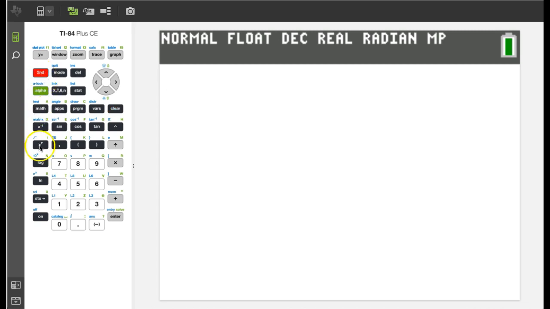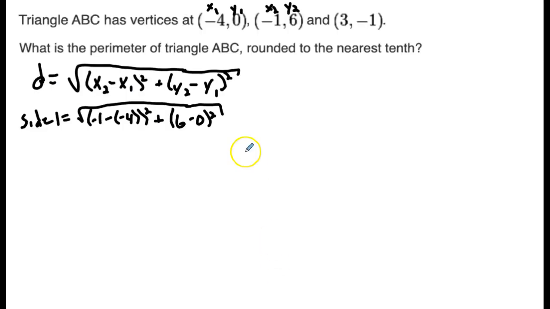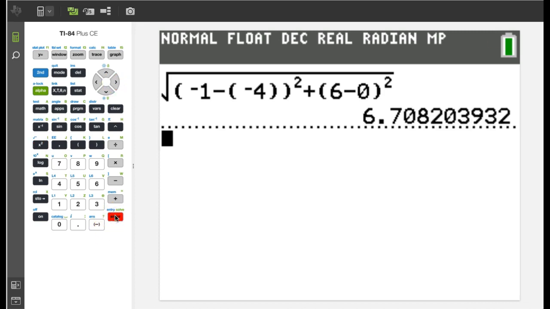So I'm going to do second square root, and then all the parentheses just like we have them, negative 1 minus negative 4, close that parenthesis to the second power, then plus 6 minus 0 to the second power, and then hit enter.